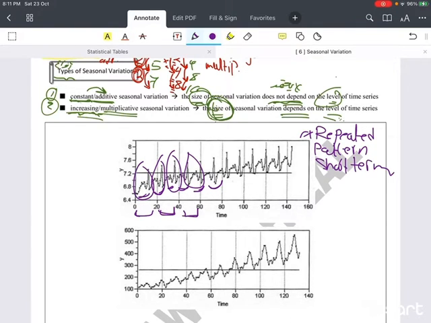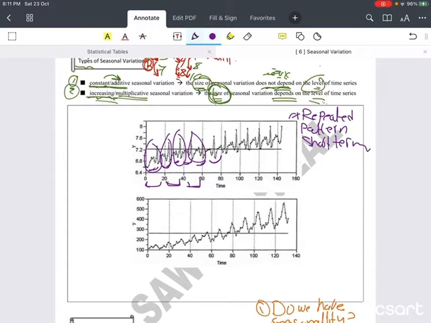We will check the second plot. Do we have a repeated pattern? This is the question. Yes, we have. This pattern is exactly the same, but it is moving to be increased, but it is the same pattern.